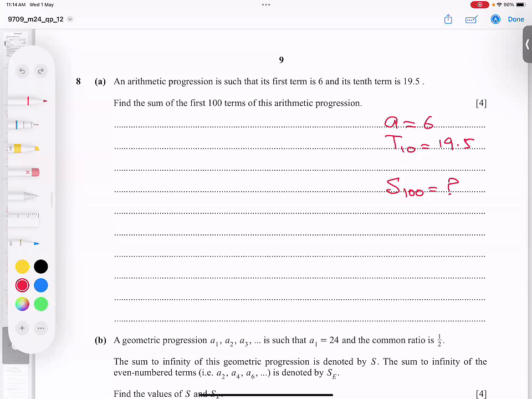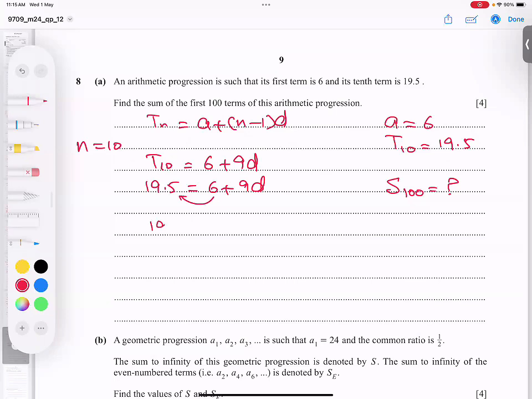Term number, I'm starting. So Tn is equal to A plus n minus 1 into D. I saw n is 10. So I replace every n by 10. A is 6 and 10 minus 1, I got 9D. And this is coming here. 19.5 equal to 6 plus 9D. 6 will subtract and it becomes 19.5 minus 6.